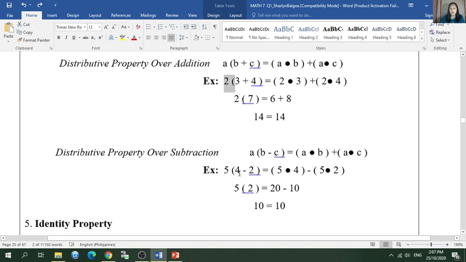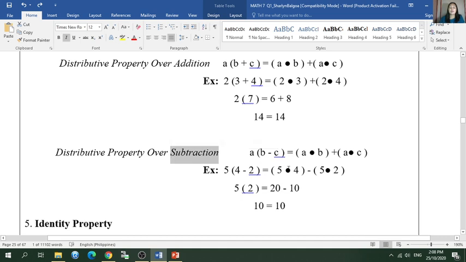Okay, take note. We have 5 as our factor, 4 minus 2 inside of the parentheses, so you can have 5 times 4, but okay, the operation here should be minus because it is under subtraction, okay? Over subtraction.